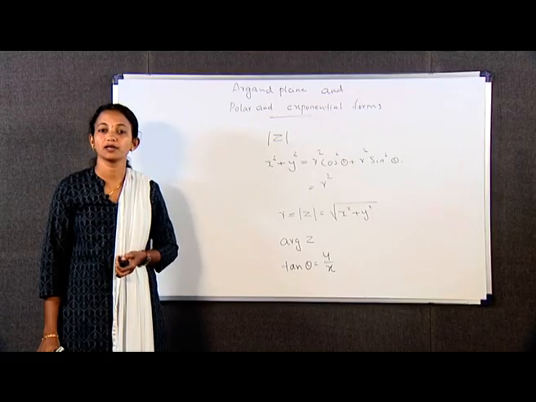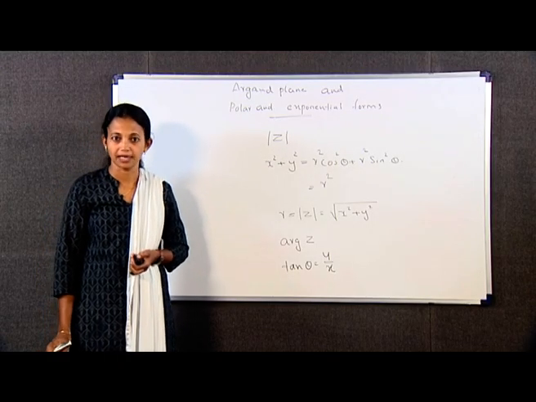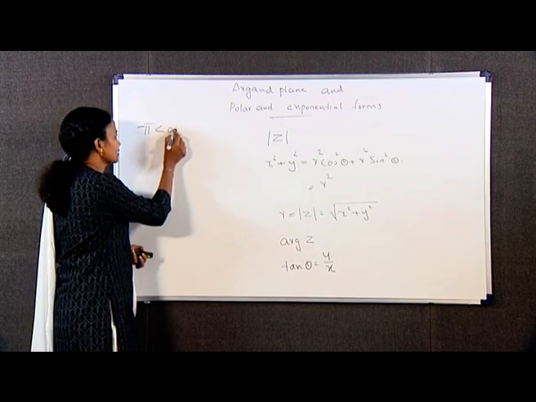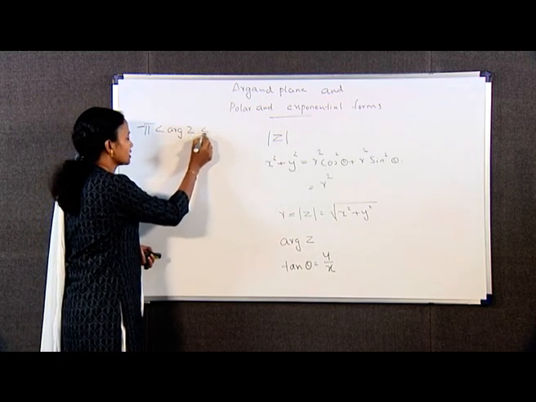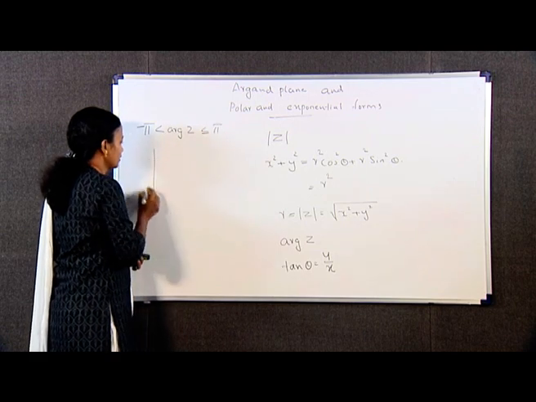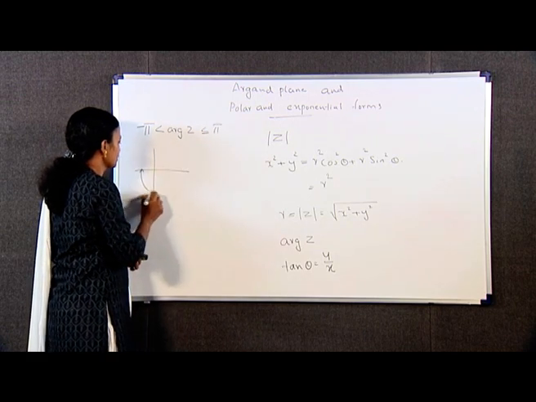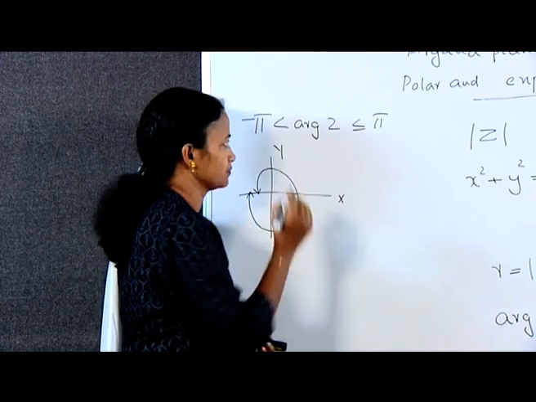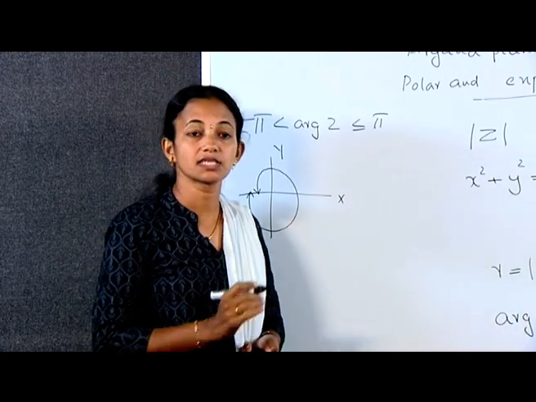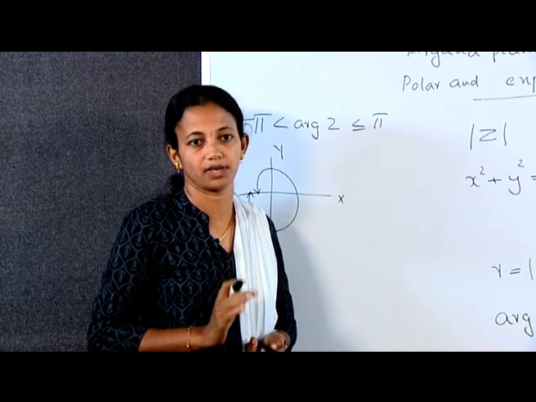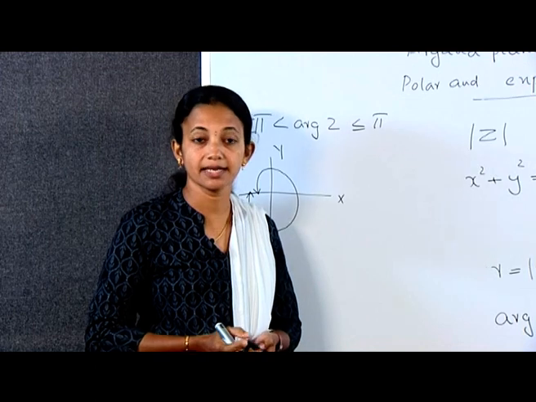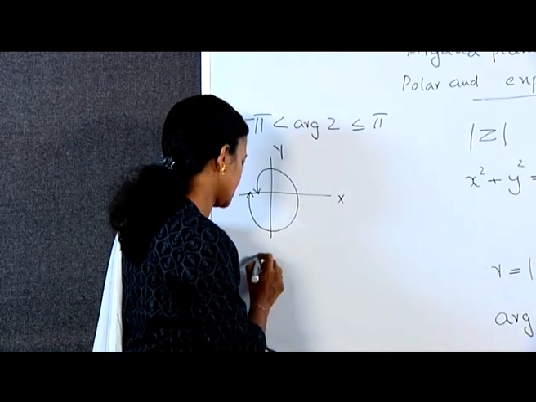This unique value of arg z such that minus pi less than arg z less than or equal to pi, that is called the principal value of arg z or principal amplitude of z, and is denoted by Arg z.